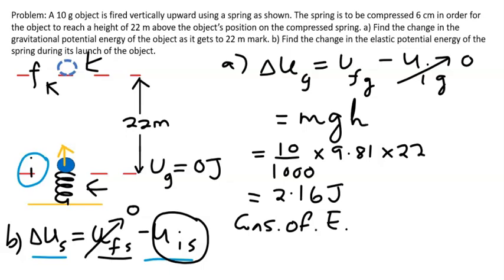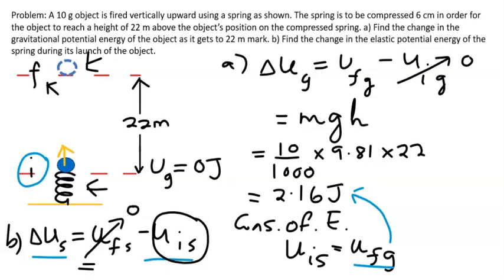So we can say that the initial elastic potential energy of the spring in magnitude must be the same as the final gravitational potential energy of the object, which we have found above. Since this is quite simply 2.16 joules, we immediately get the change in elastic potential energy of the spring to be negative of that number. So now the answer is negative 2.16 joules. So that is the answer for part B.